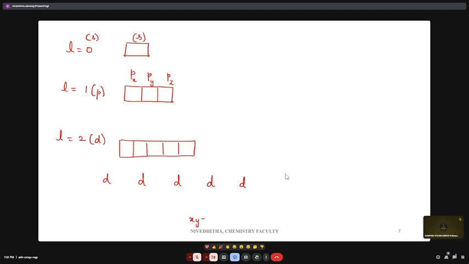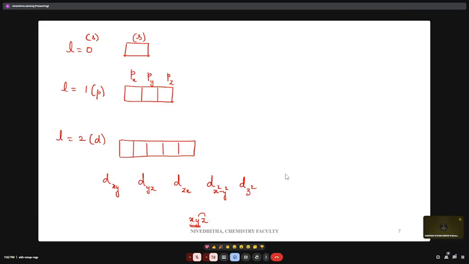Let us take X, Y, Z. Here this is dxy, and dyz. Now, last and first alphabet, zx. Then the first 2 alphabets we have to square and subtract them, and this is z square. That's it. These are all the 5 d orbitals of L equals 2.